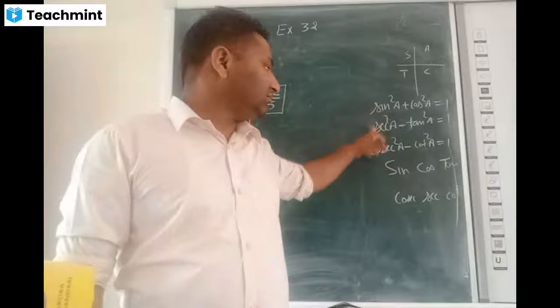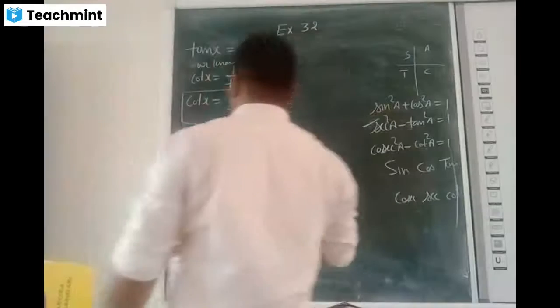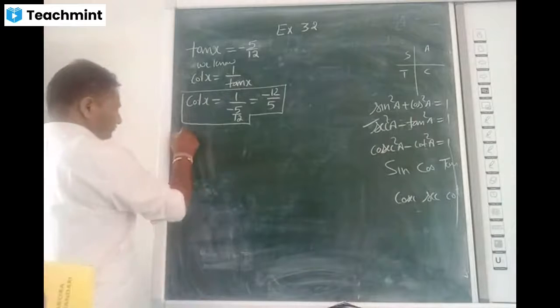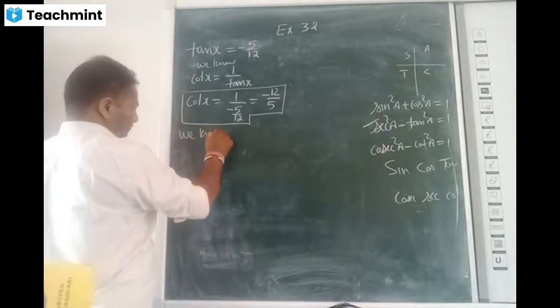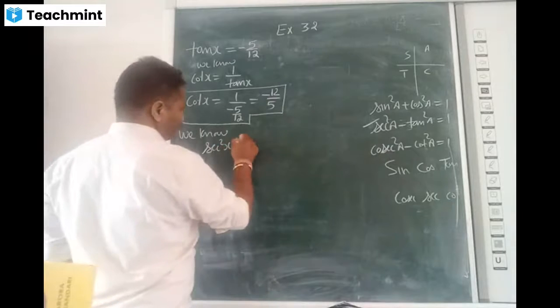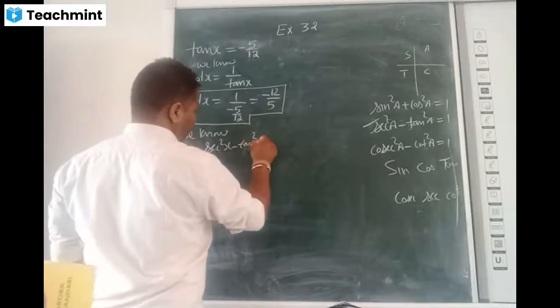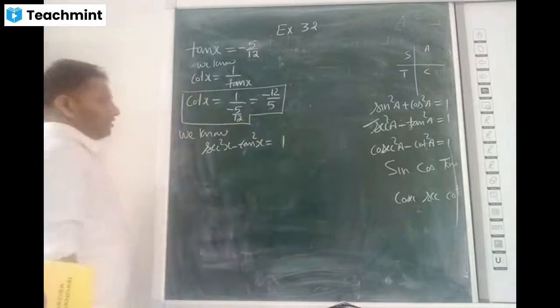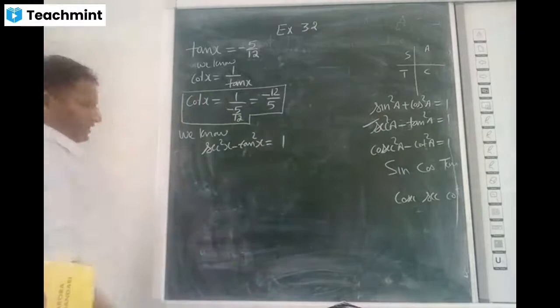Out of these three, secant square. Yes, this formula. So here we know secant square x minus tangent square x is 1.